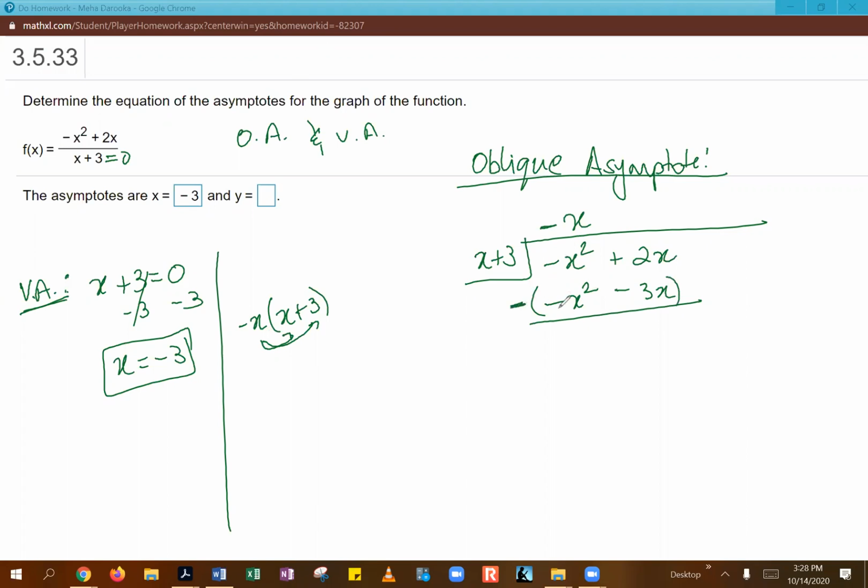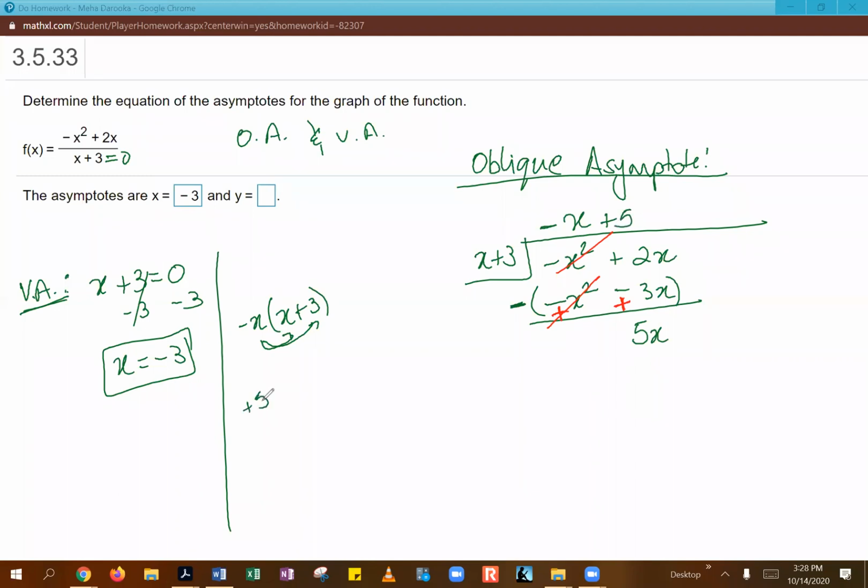Negative times negative makes this a positive. Negative times negative makes this a positive also. Negative x squared and positive x squared cancel out, leaving us with 2x plus 3x, which adds up to 5x. That means in our quotient, we should have a positive 5.